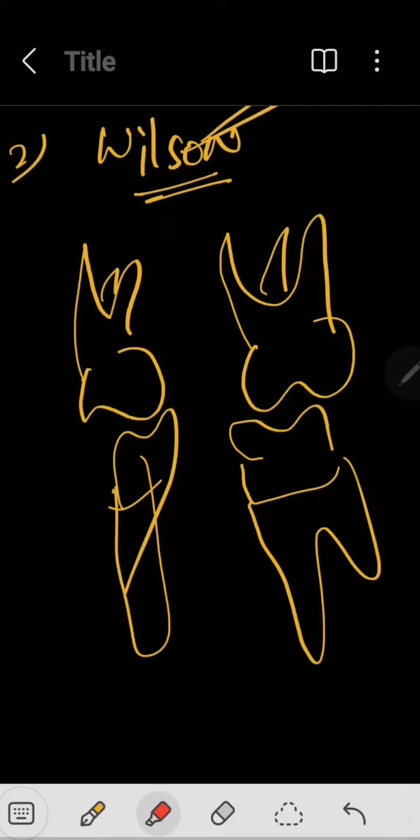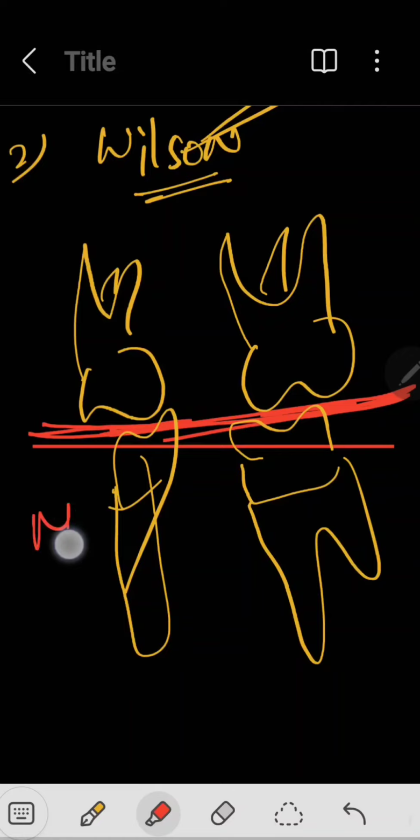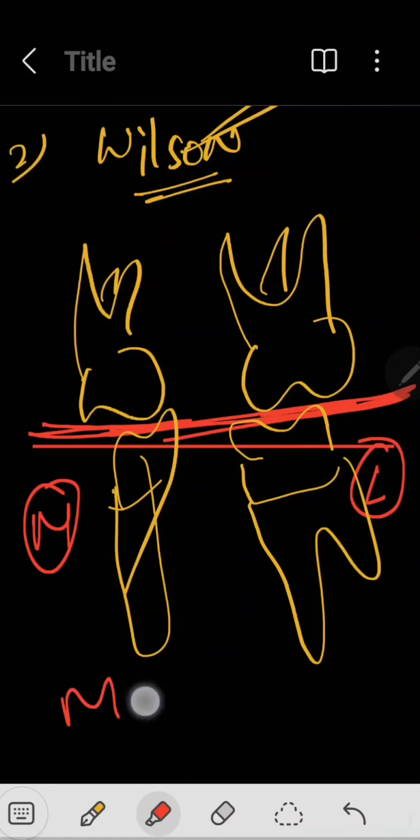The curve of Wilson is the curve that contacts the buccal and the lingual cusp tips of mandibular buccal teeth. You getting my point? Since this runs in the medial and lateral direction, it is called the mediolateral curve on each side of the arch.